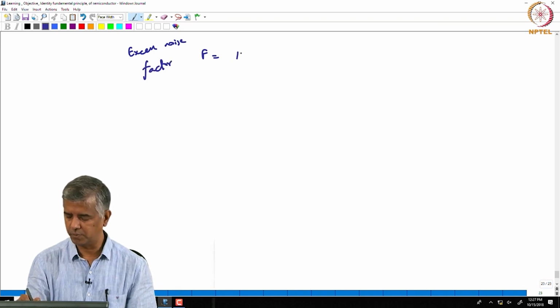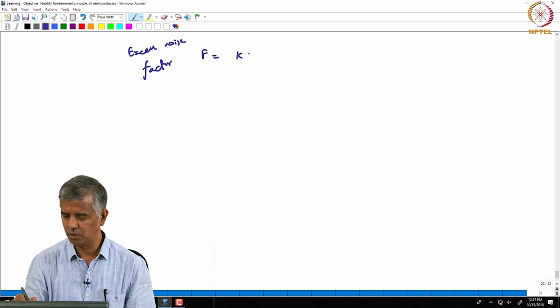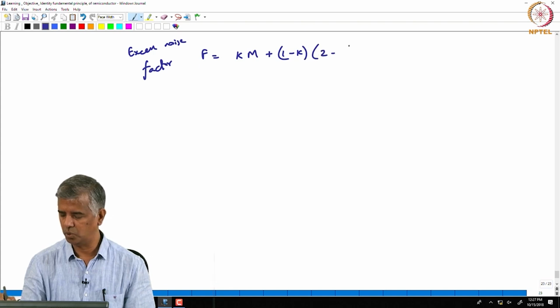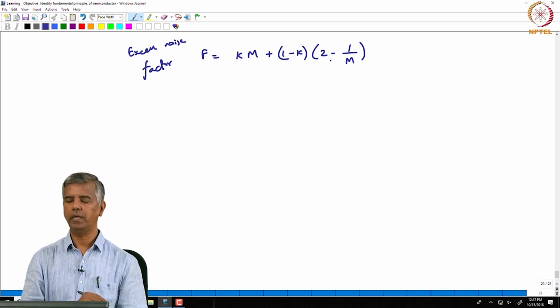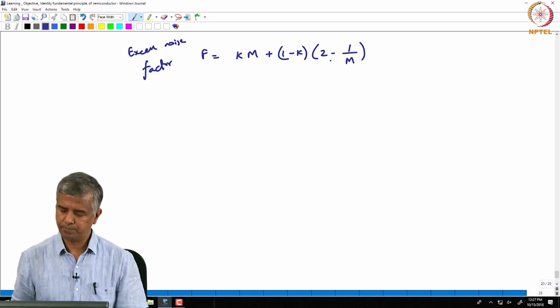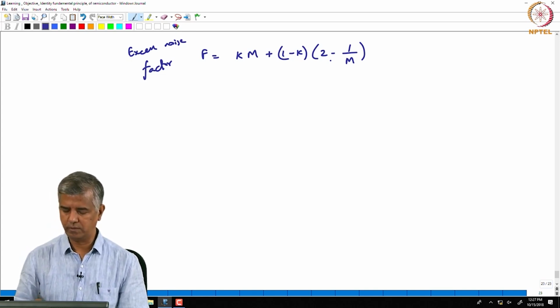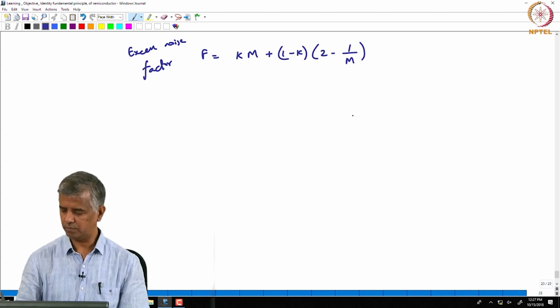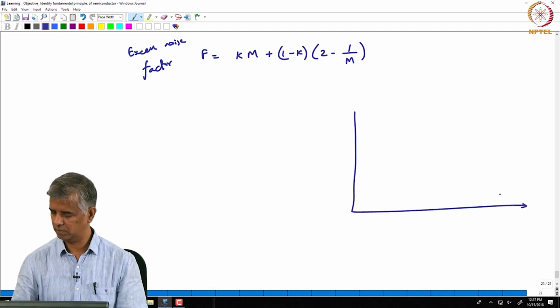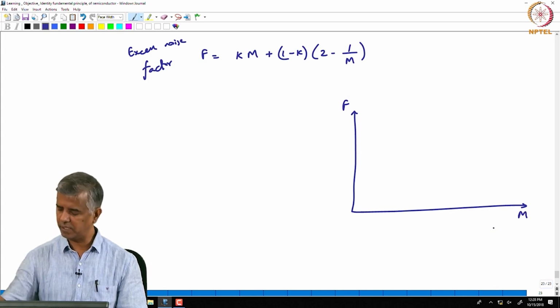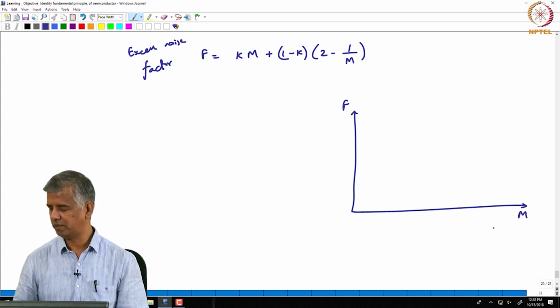is given by this expression: F equals k M plus (1 minus k) multiplied by (2 minus 1 over M). Okay. So, if you plot this, I will plot F as a function of M, which is actually a function of the bias voltage.